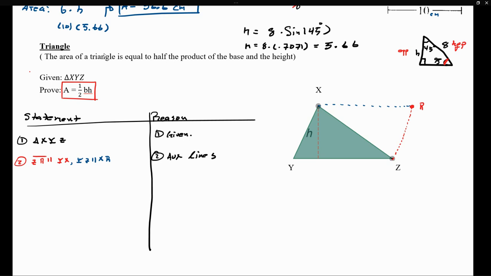And now notice what we have said, because if YX is parallel to ZR and XR is parallel to YZ, then notice that what we have created now is a parallelogram. So now Y, X, R, Z is a parallelogram, because this is just a definition of a parallelogram.